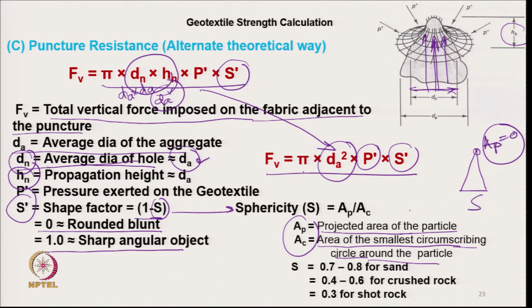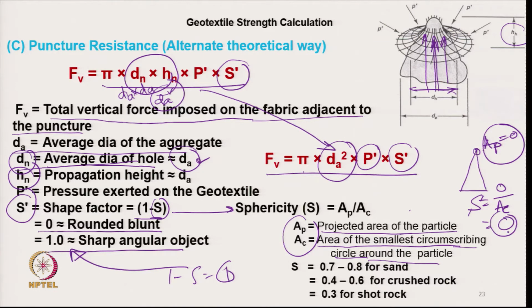So, S will be 0 divided by Ac, which is 0. So for a sharp object, if S is 0, then 1 minus S equals 1.